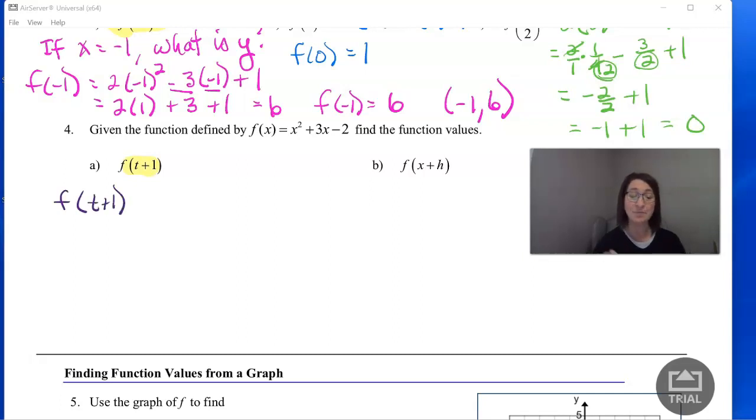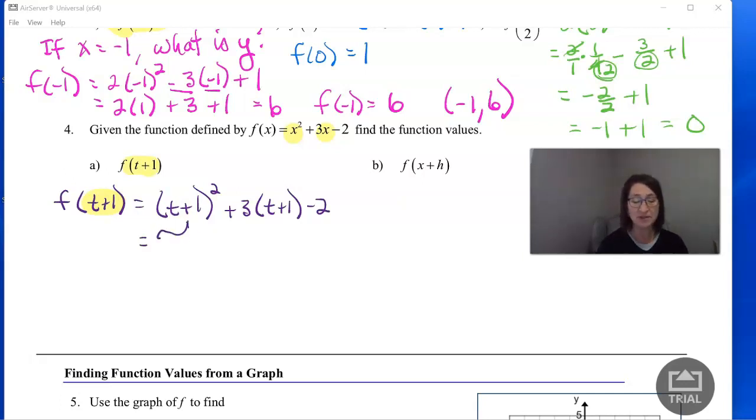So that t plus 1 is going to be substituted into the rule part of our function, okay? So this is going to be t plus 1 squared plus 3 times t plus 1 minus 2.